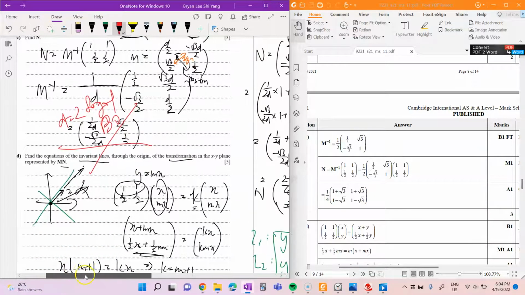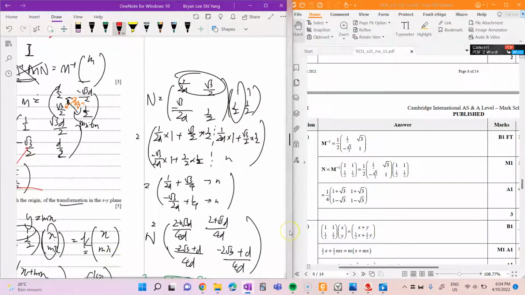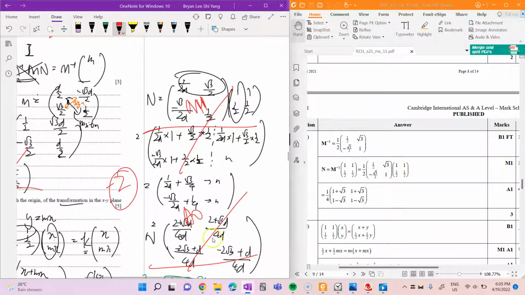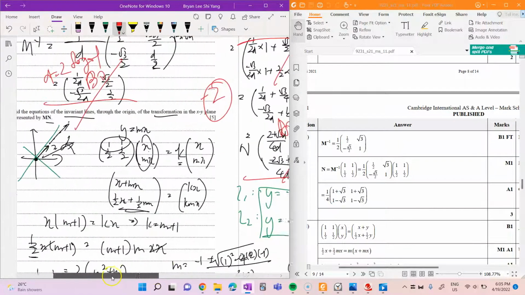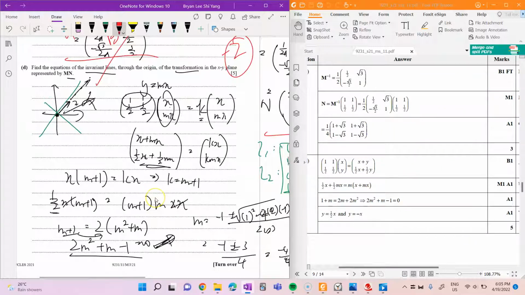And then I did do the inverse matrix multiplication thing. So yes, here's a method mark here. And then the final product, I didn't get the correct answer because I didn't do the whole question completely, so I have to deduct 2 marks here. So oh my god, this is becoming more and more, this is descending into, I don't know what, madness.